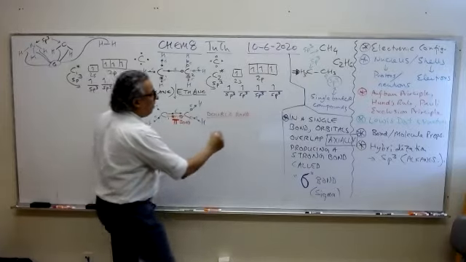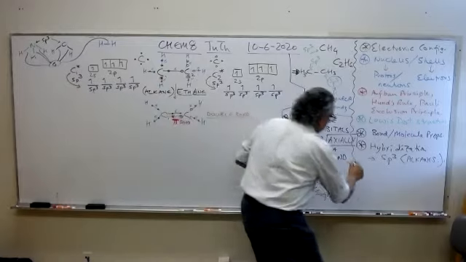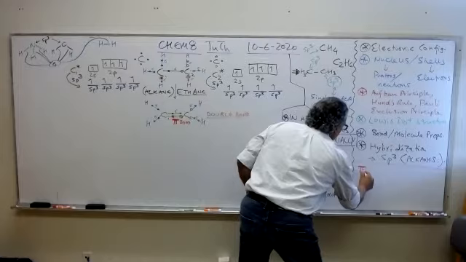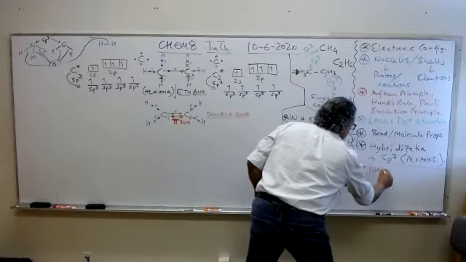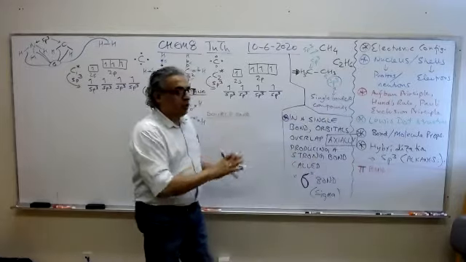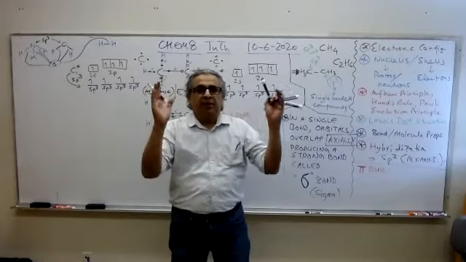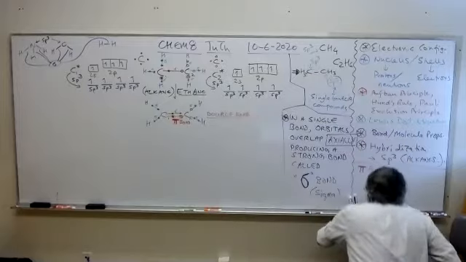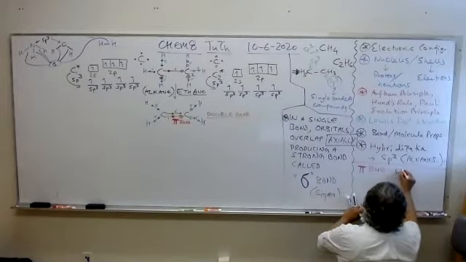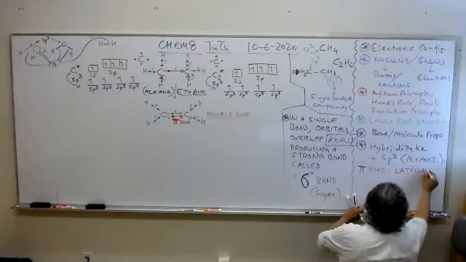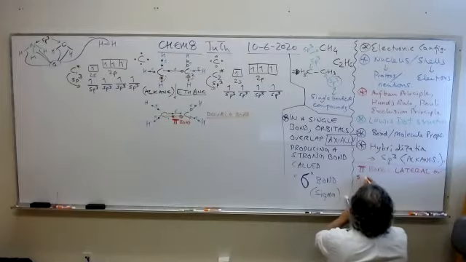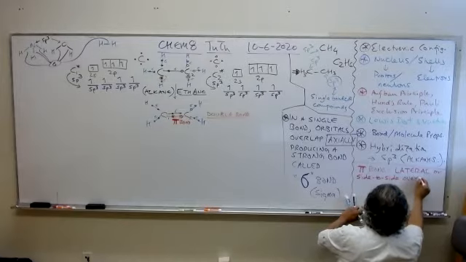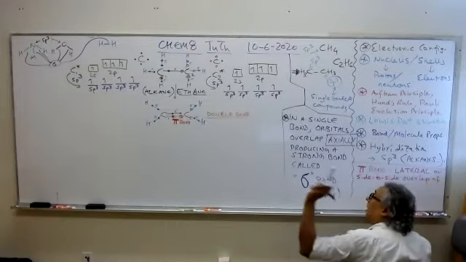What's a pi bond? A pi bond, and I'm just shortening the number of words, happens by the lateral, L-A-T-E-R-A-L, lateral or side-to-side overlap of unhybridized p orbitals.